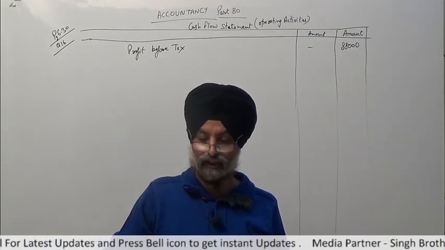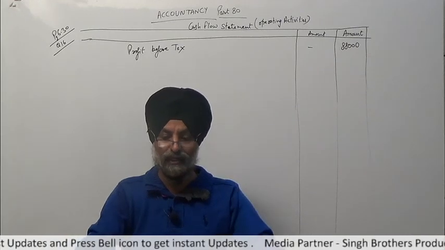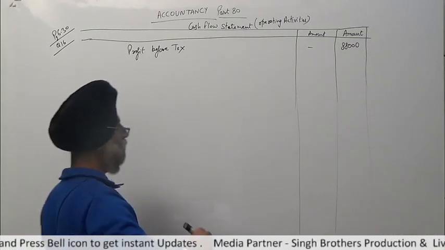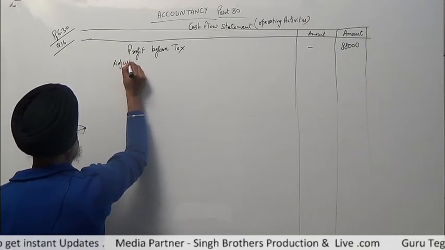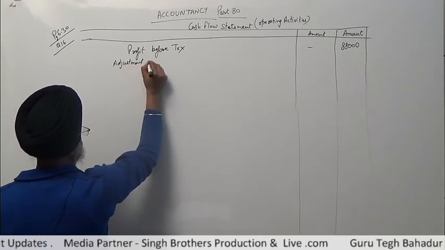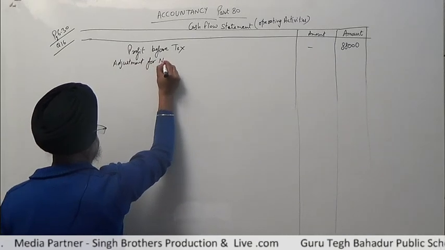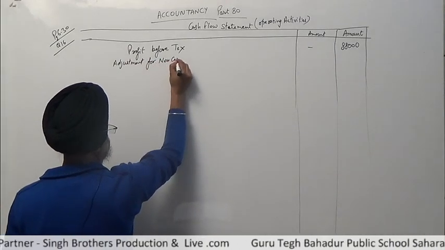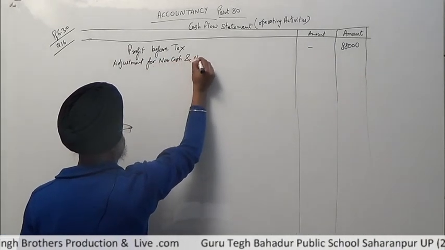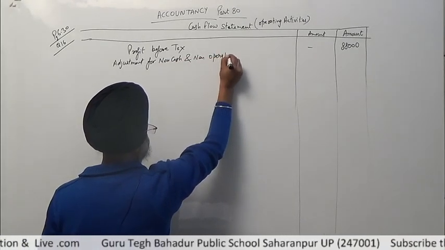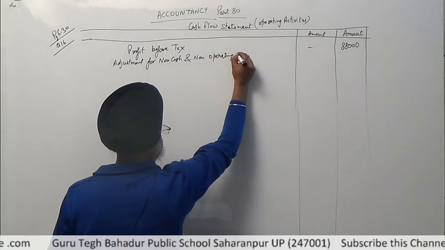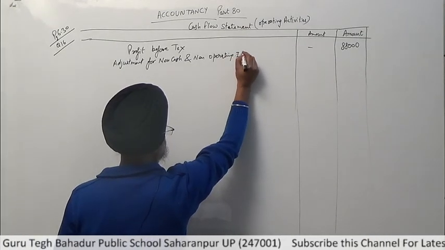Now do the adjustments of non-cash and non-operating items. The heading for this is adjustment for non-cash and non-operating items.